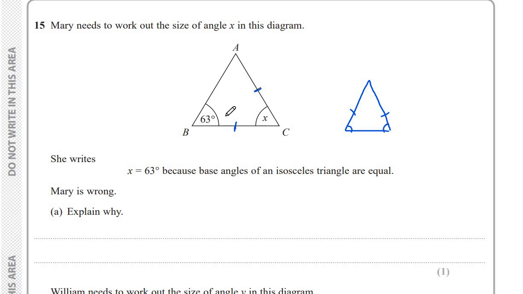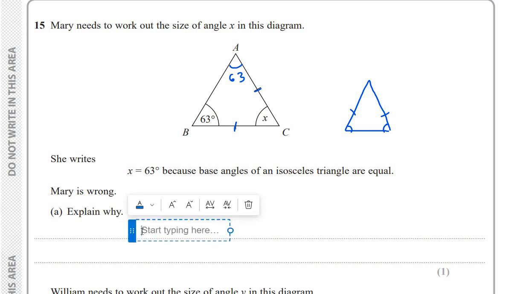So in this case, X is actually not the base angle. The base is going to be AB, and so this has to be 63 degrees, not X. So you can explain by saying that angle BAC is the base angle, not X.